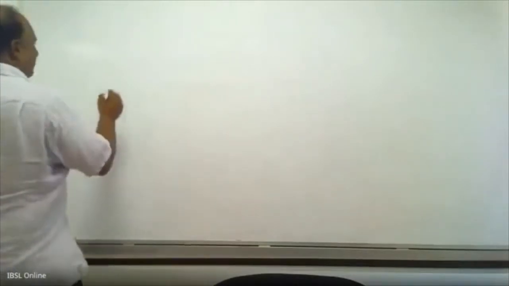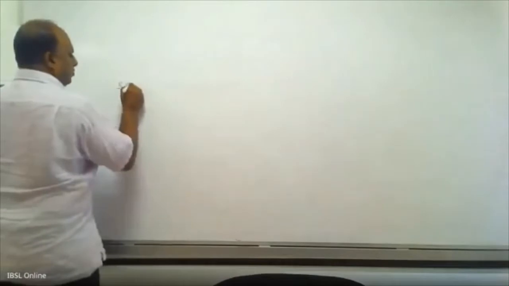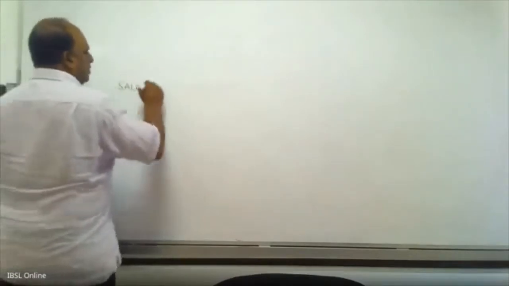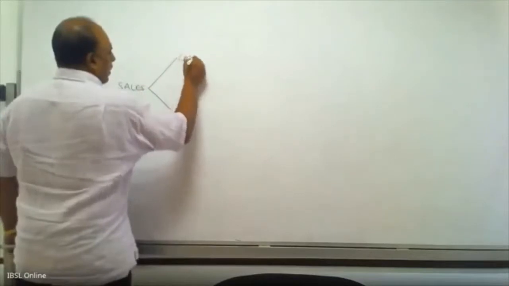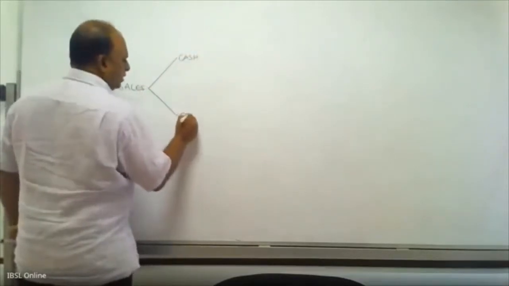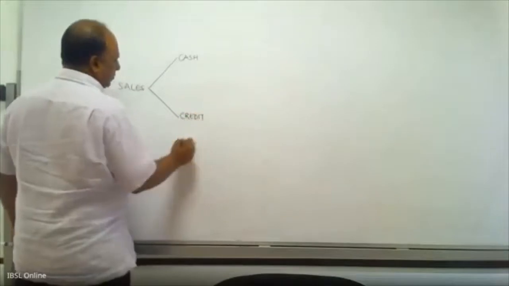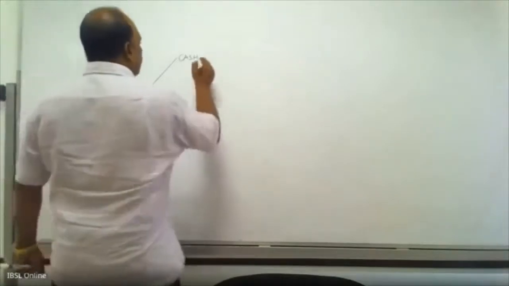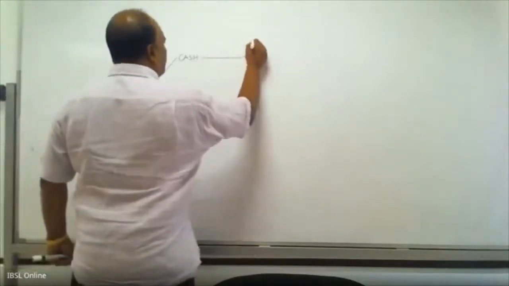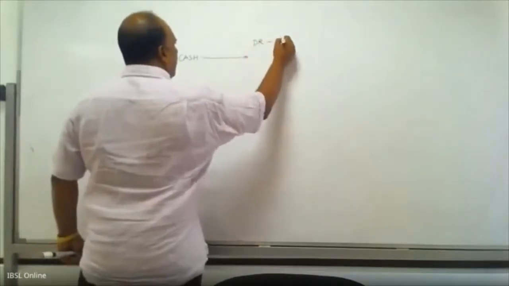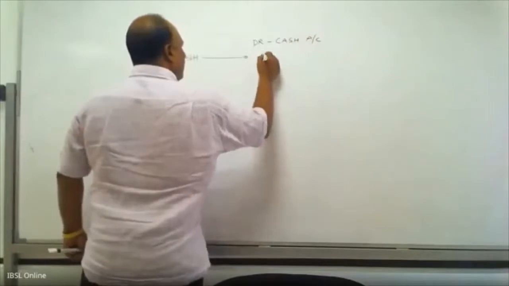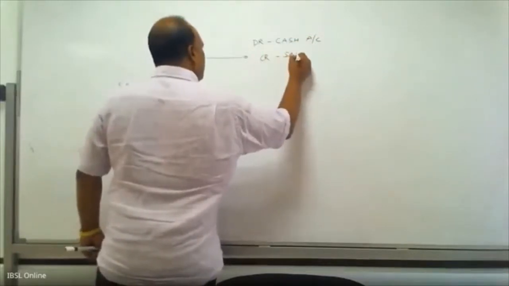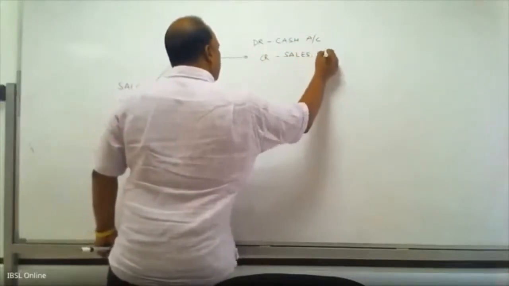So you know now when you do sales, sales can take two forms. One is cash, the other is credit. Okay. So cash sales, very straightforward. You will debit cash account, and credit sales account.